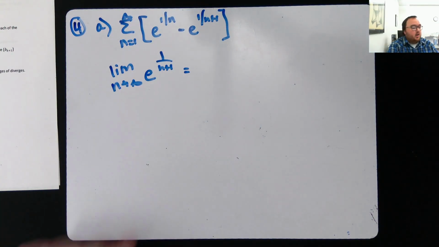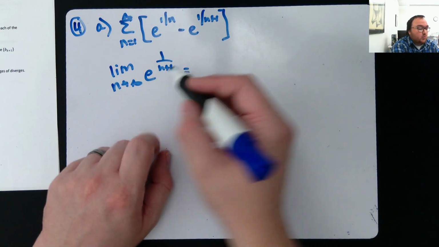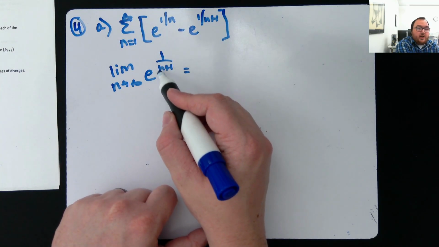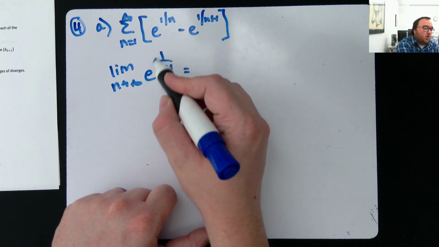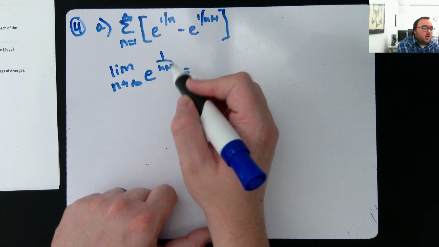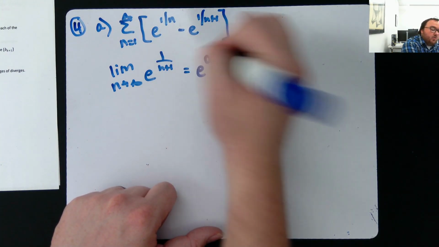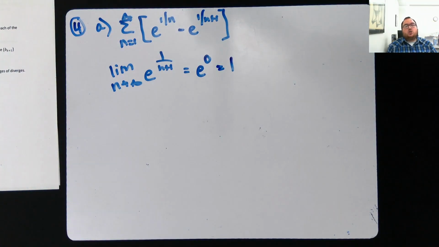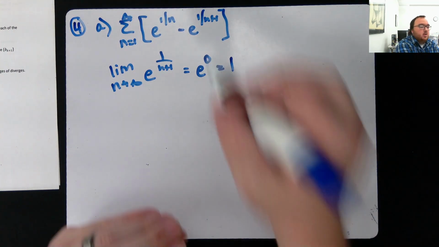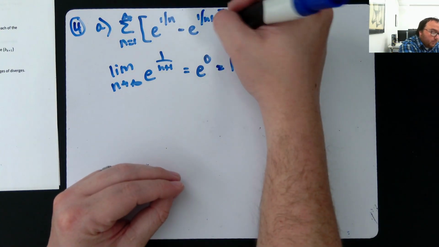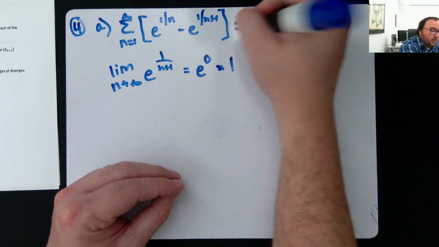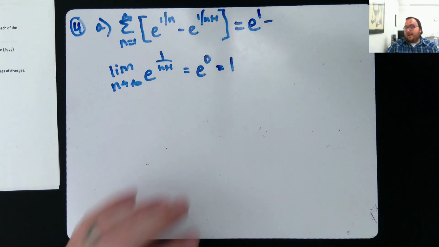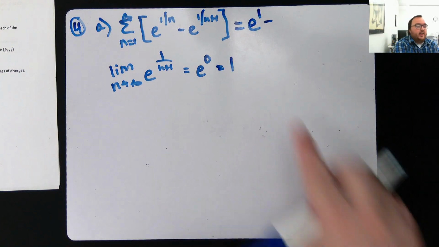Well, as n gets really big, the bottom part here gets really big, which means the whole thing up here gets really small. So this becomes e to the 0, which is 1. So my last term is getting closer and closer to 1. So everything is going to cancel out except for my first term. Plug in a 1 for the first term, and that's going to be e to the first, minus my last term, which I have already said is approaching 1.